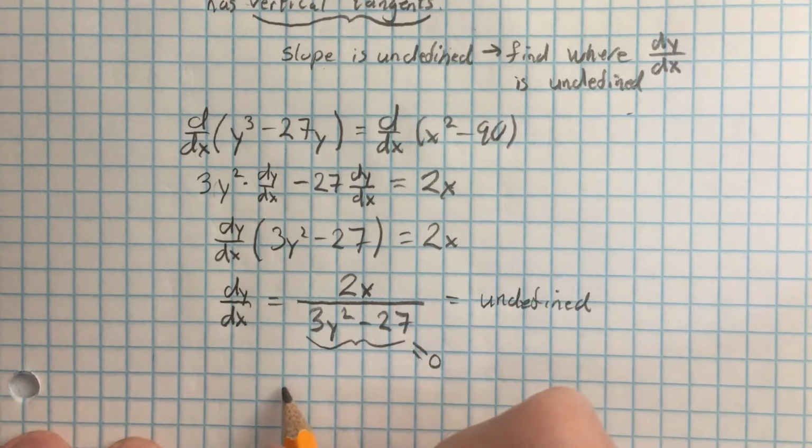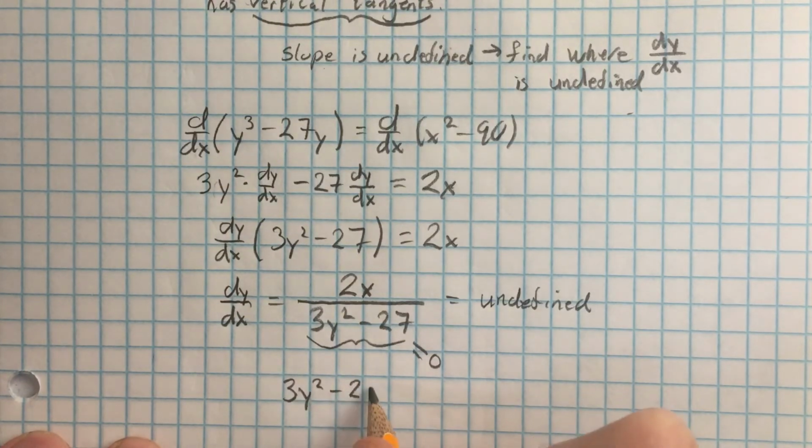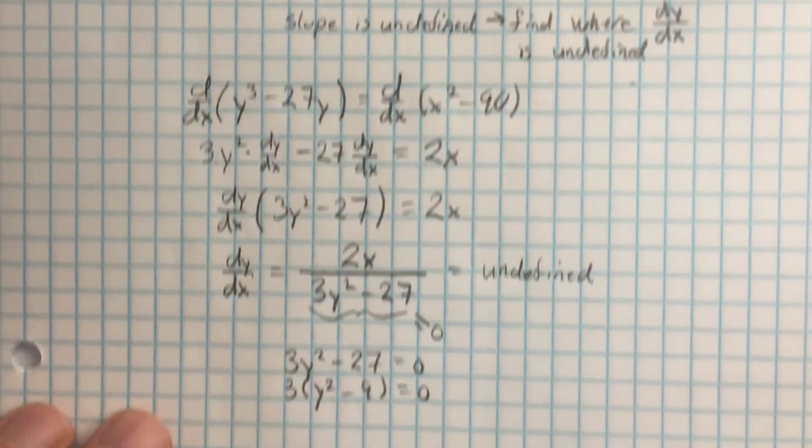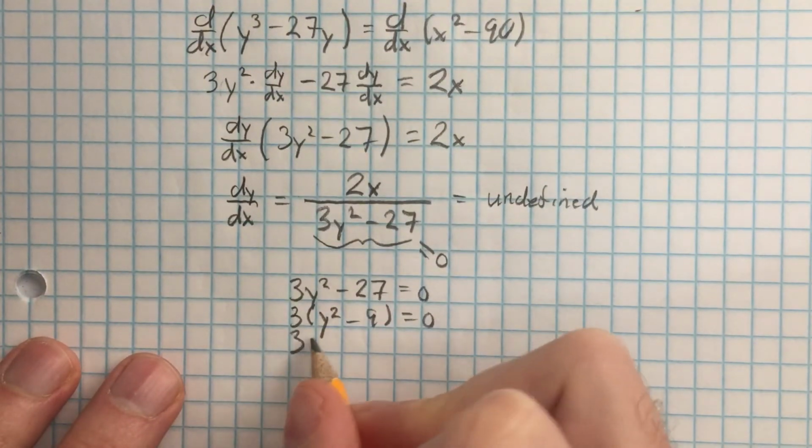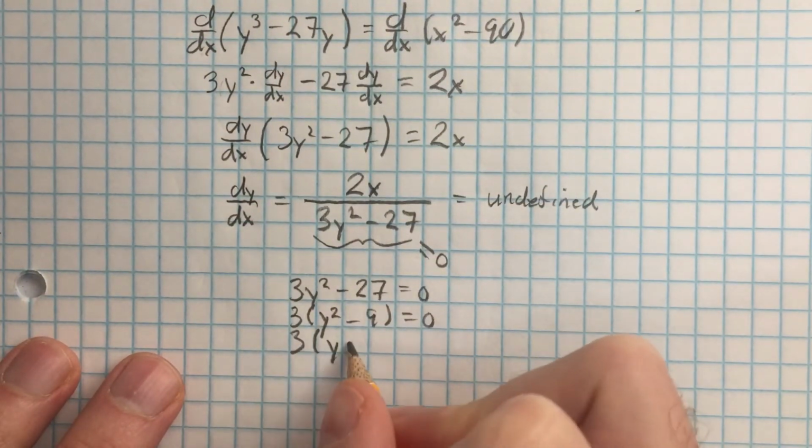So let's just set this equal to 0 and solve. We have 3y squared minus 27 equal to 0. Factor off the 3. We see a difference of squares happening. This is so fortuitous, it can't be a mistake.